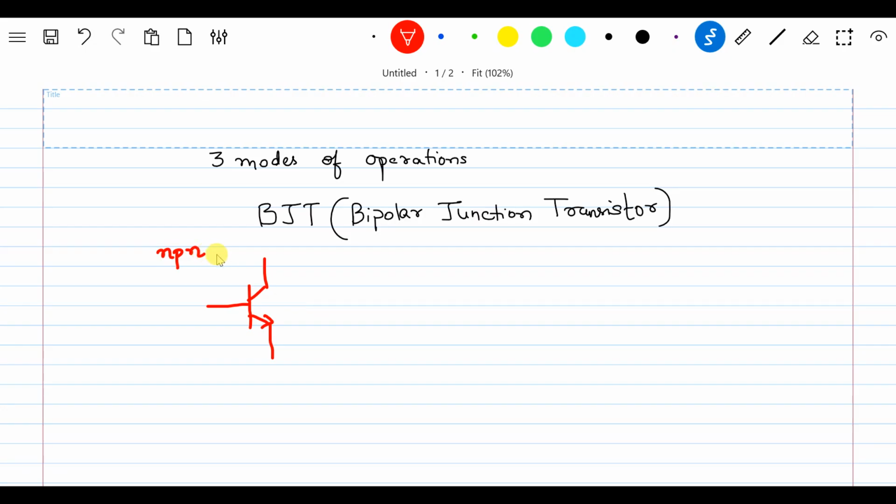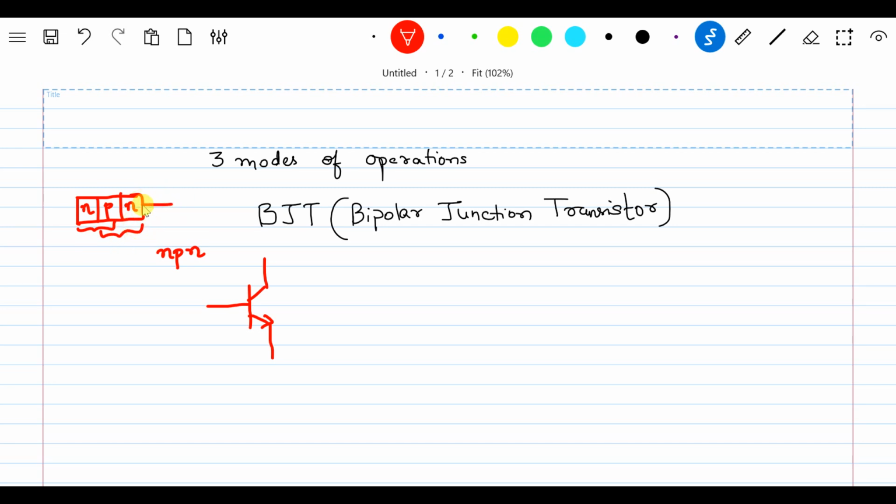This is the symbolic representation of NPN. NPN means you have two junctions here. One is NP and the other one is PN. Can you see here, NPN? So you have two junctions.